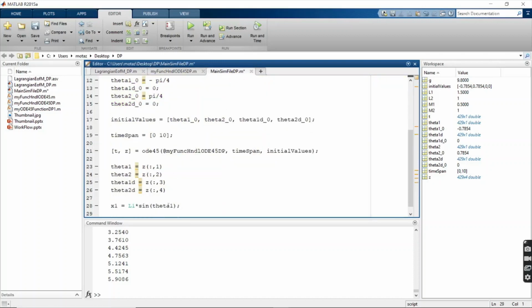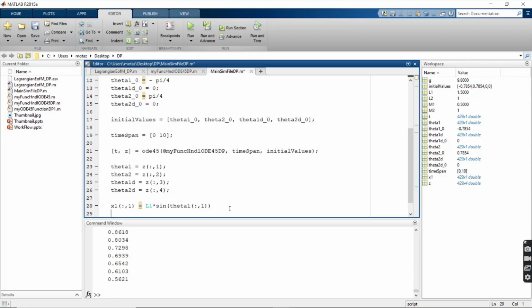So x1 will be a vector describing the position of the first pendulum in terms of x.